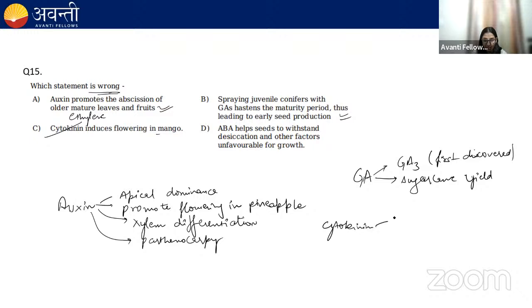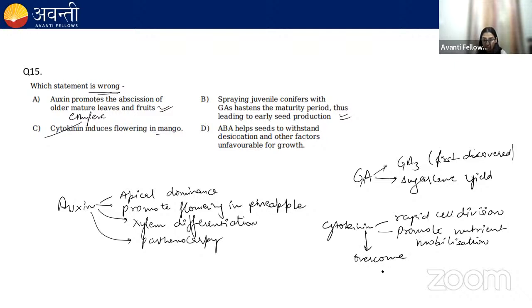Cytokinin is involved in rapid cell division. Promote nutrient mobilization. Overcome apical dominance.